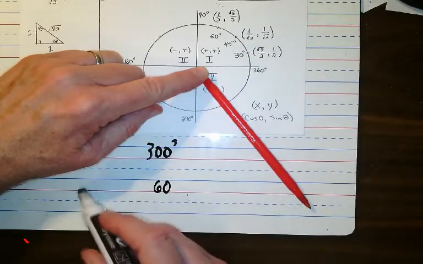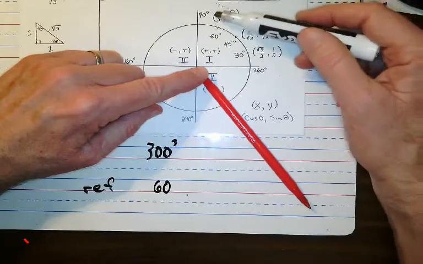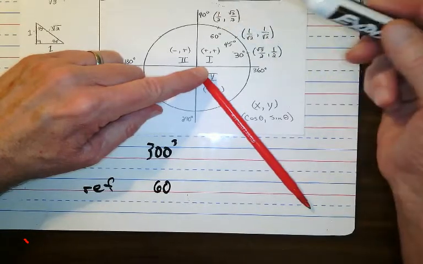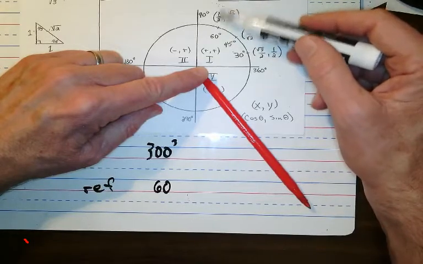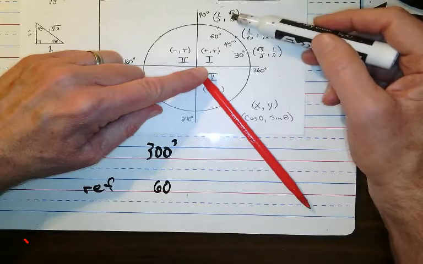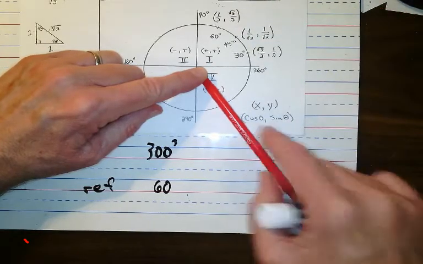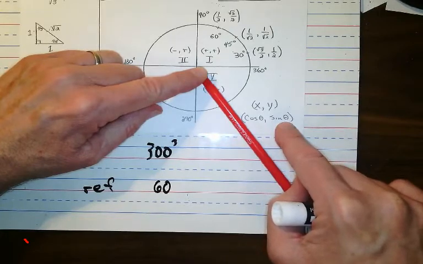So 60 is the reference angle. Do you know what the sine and cosine is up here? Yes, I do. Cosine is 1/2. Sine is square root of 3 over 2. The x number is always the cosine, right there. The y number is always the sine.